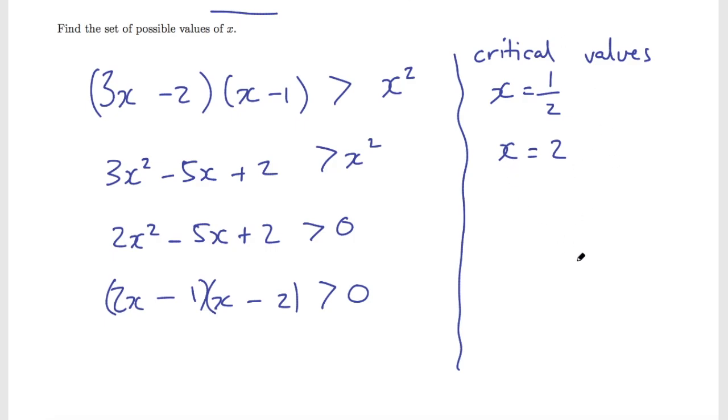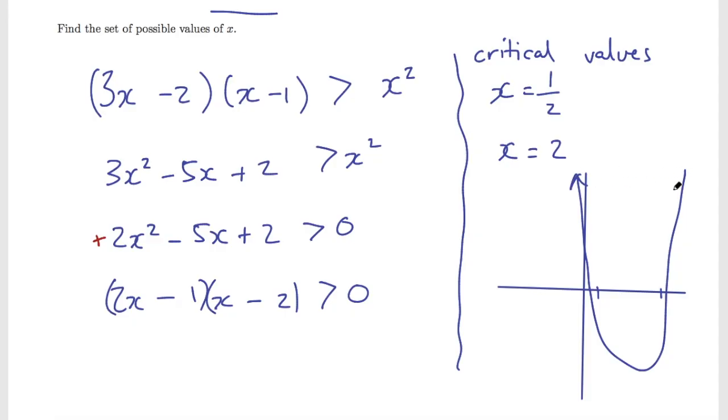Now if you want to picture what is going on, you know that this is a quadratic, and you know that it's a positive quadratic, so it must be an upwards facing quadratic, a smiley face. And what these critical values are is where the quadratic cuts the x-axis. So when that quadratic is cutting the x-axis at a half and 2, it'll look something like that.